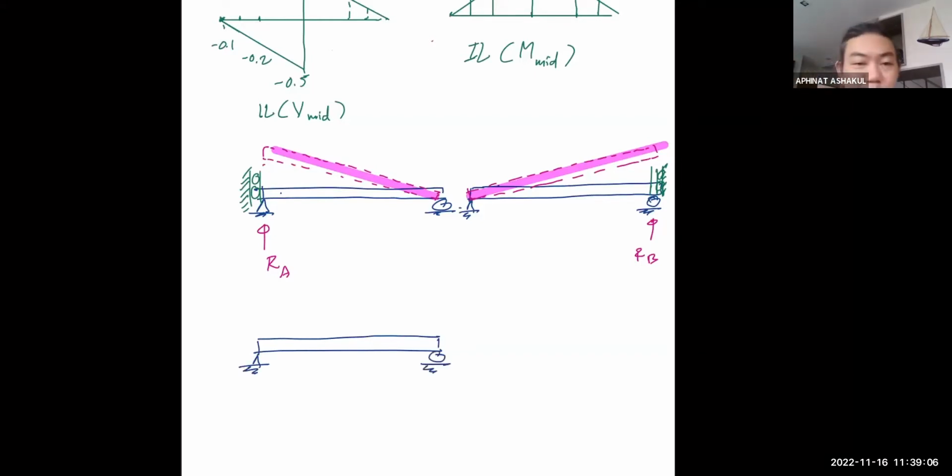Okay, how do I allow the shear to move freely? Remember, positive shear is like this, right? So I will now have to add the roller on both sides, right?